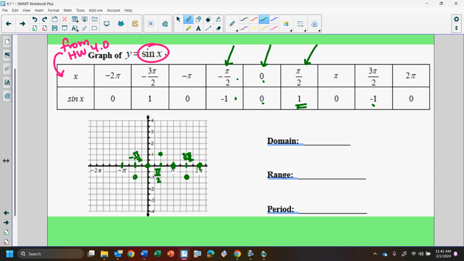Cool, really rounded. It's so pretty. I'm so excited for you.